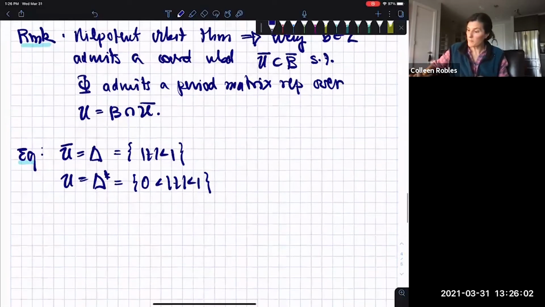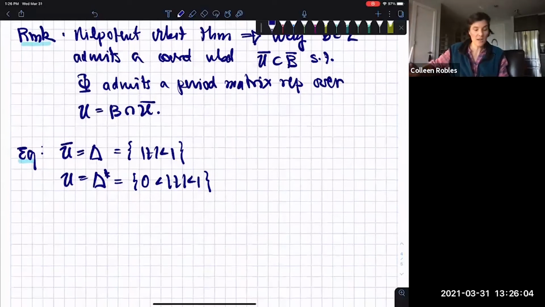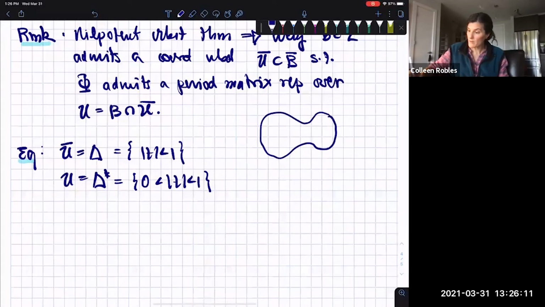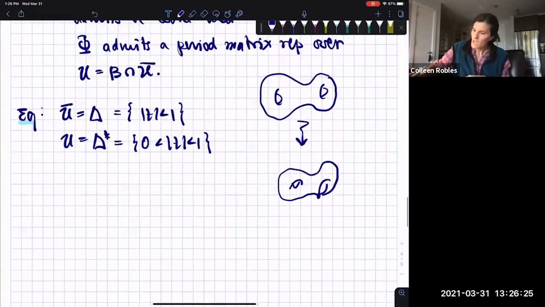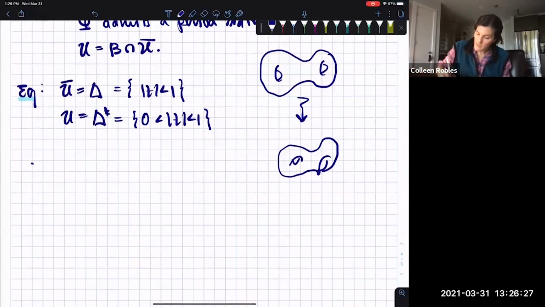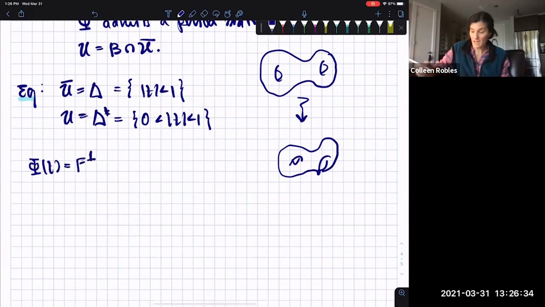And let's look at the Hodge structure that would underlie the variation that arises when you take a curve of genus 2 and you let it degenerate by acquiring a node. So something like this. Okay.